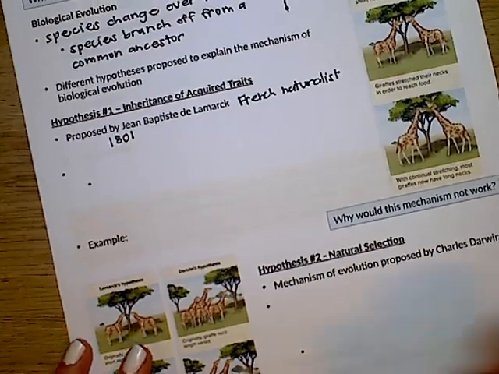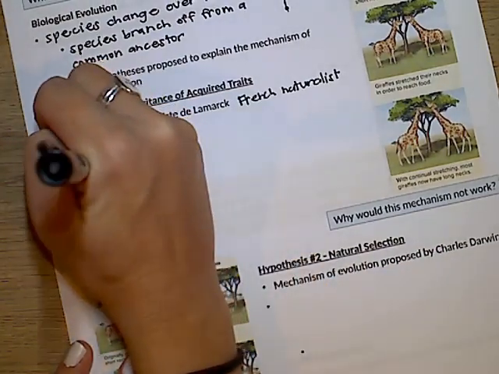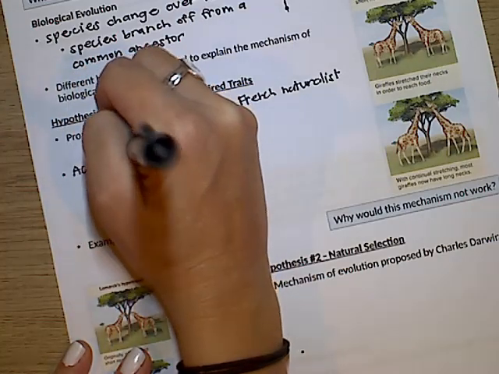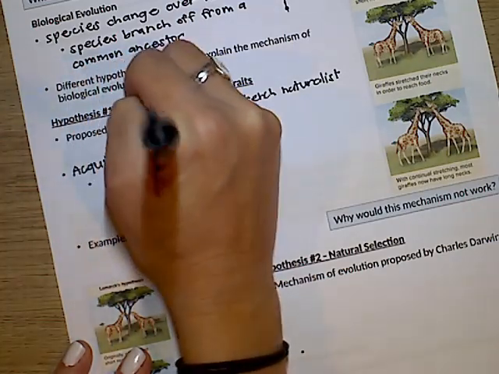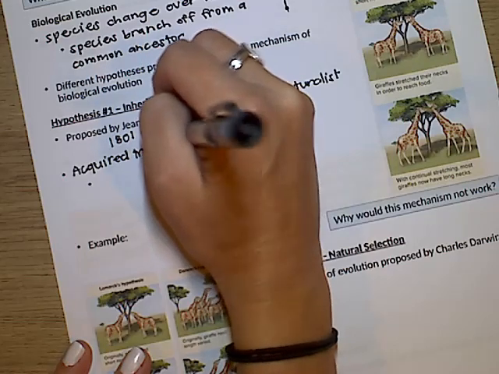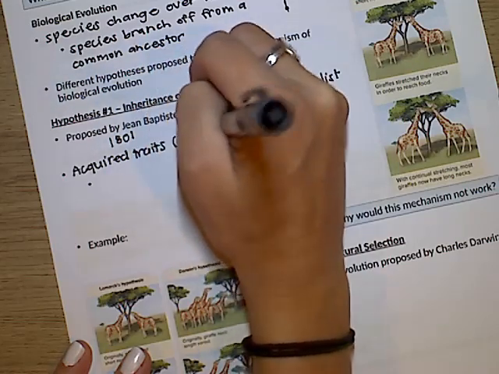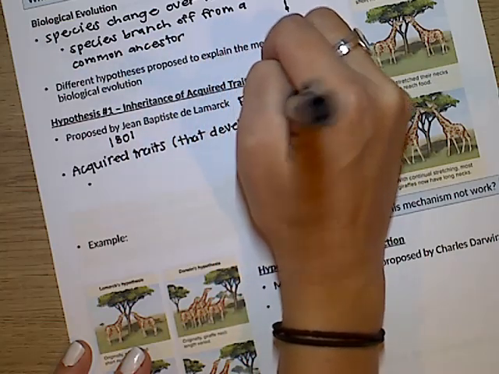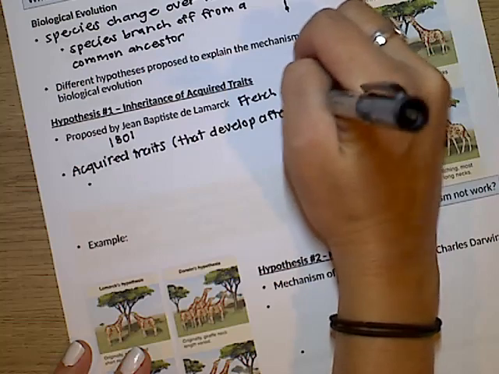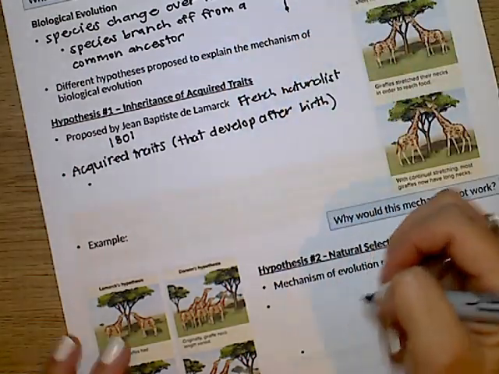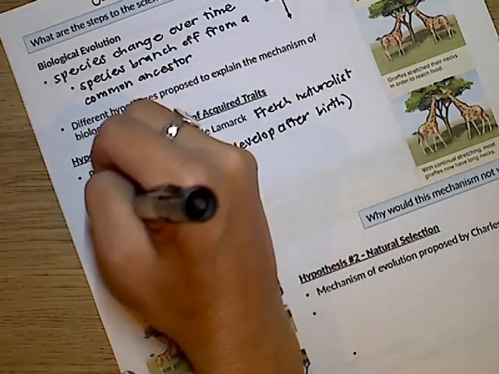His theory was that acquired traits, which are traits that develop after birth, are passed on to offspring.